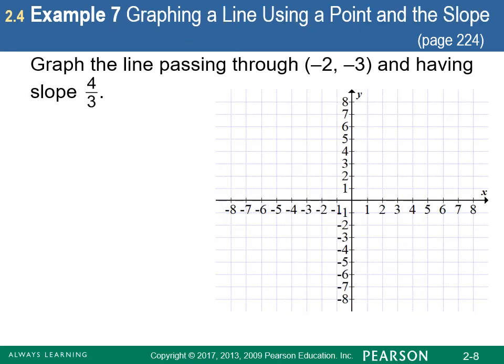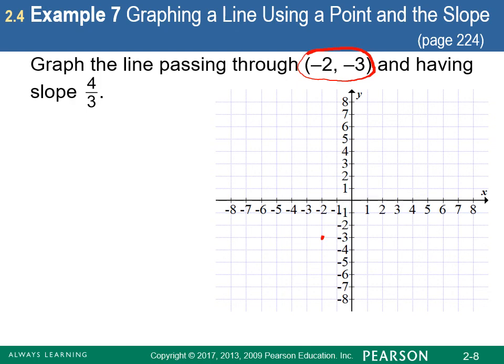Notice we don't have an equation to enter into our calculator, so we will graph this line the old-fashioned way. We need to put a dot at -2, -3. Now here's -2, -3.